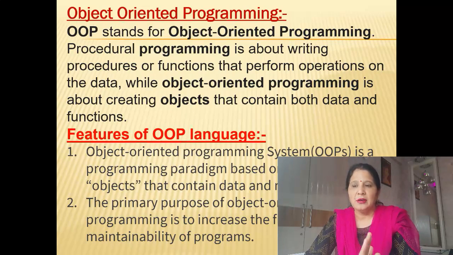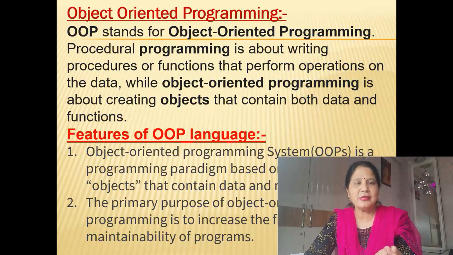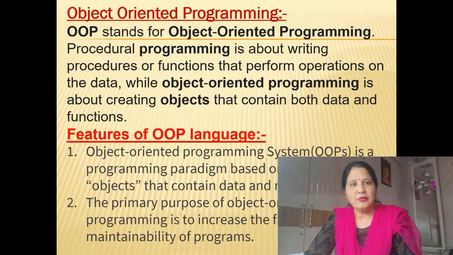It means when we are creating an object, this type of programming increases the flexibility. Flexibility means we can use that data and function in our functions, and we can use this data in maintaining the programs and in the execution of the program also. So this is the primary purpose of object oriented programming.